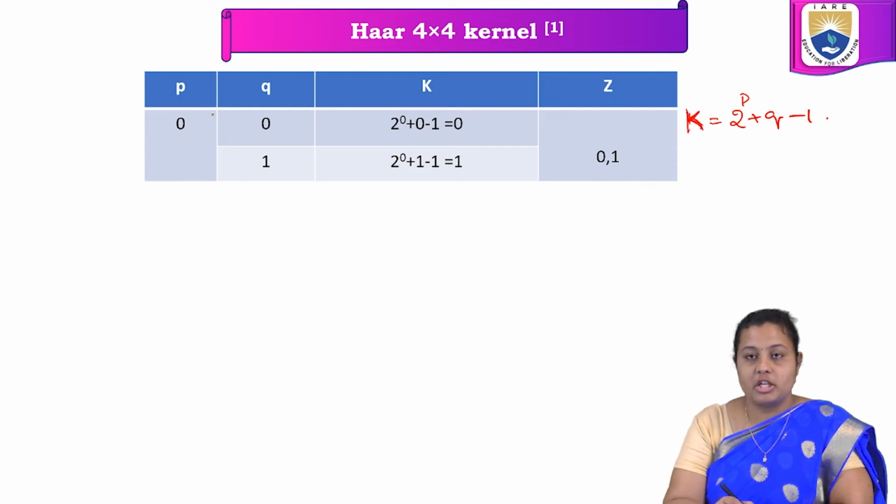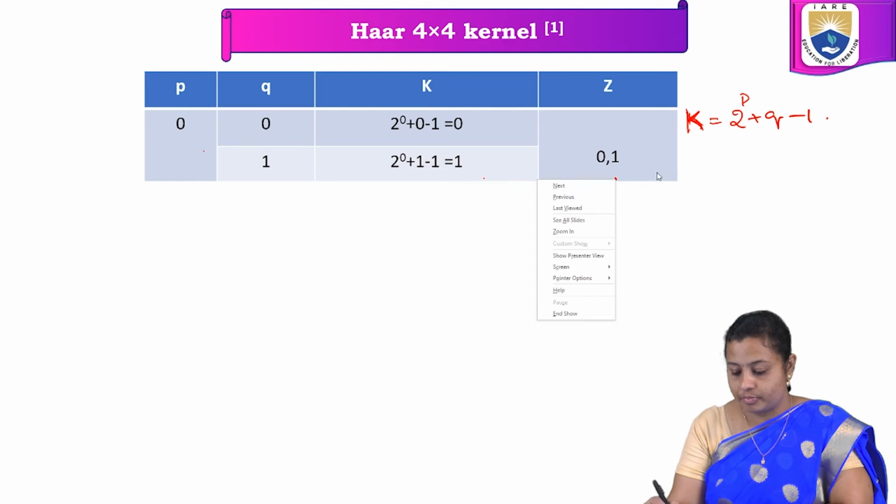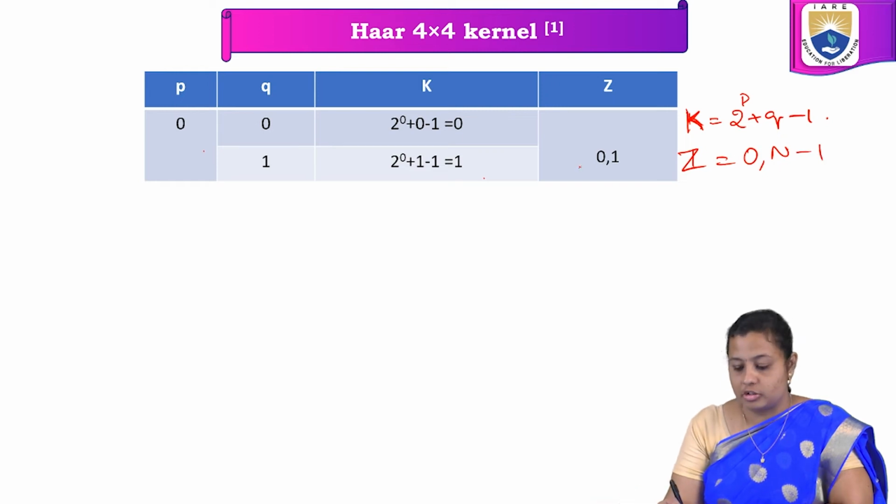So, when P is equal to 0, Q is equal to 0, we get the K value as 0. Right? When P is equal to 0 and Q equal to 1, we get the K value as 1. Now, Z value is ranging from 0 to capital N minus 1. So there's a small mistake here. So Z value is ranging from 0, 1, 2 and 3.